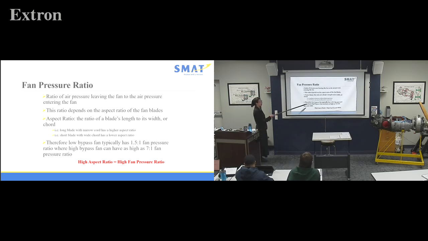So a low bypass fan typically will have a 1.5 to 1 fan pressure ratio. So how much pressure is coming in or going out compared to what's at the inlet. And a high bypass fan can have as much as 7 times coming out the back of the fan compared to what's going in the front of the fan. Any questions on that?